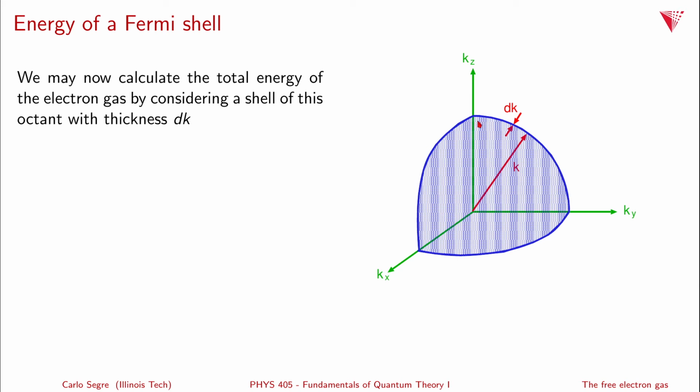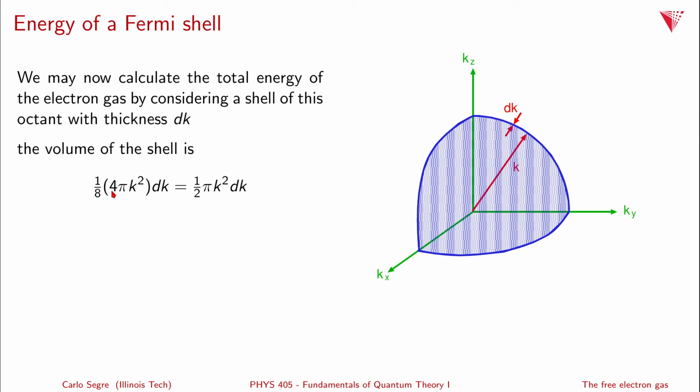Well, if we want to calculate how many states exist in this shell, in this octant, we can do that relatively easily by calculating the volume of the shell and then dividing that by the volume per state. And that tells us how many states. So we're going to calculate the volume of the shell first.